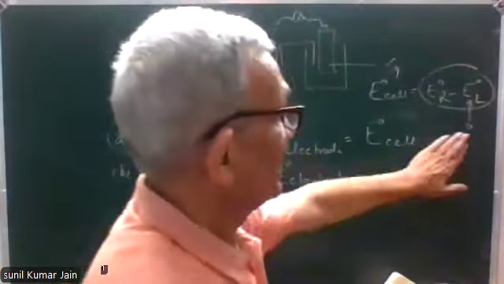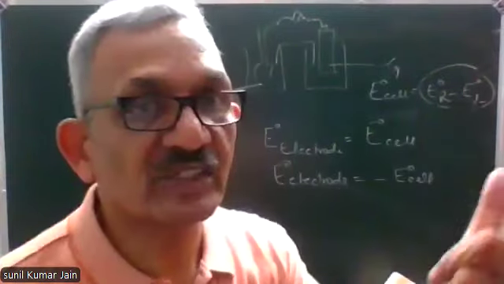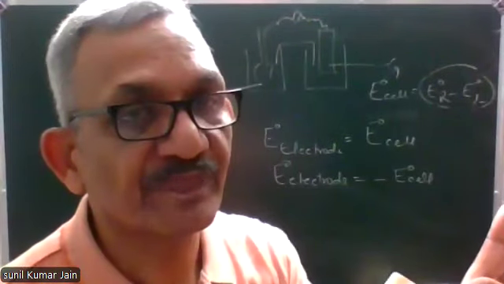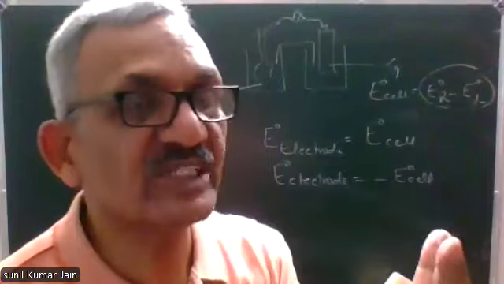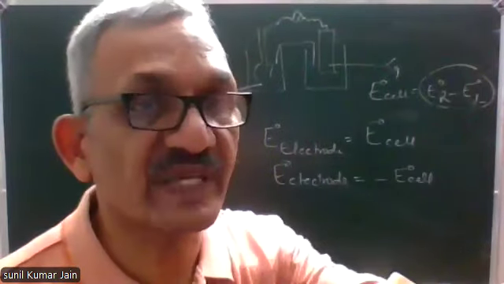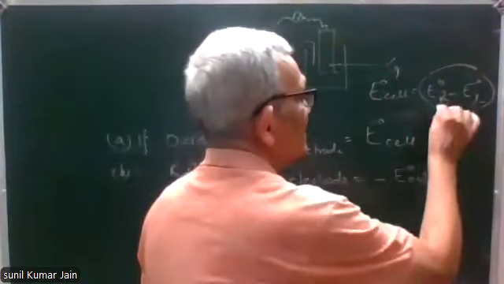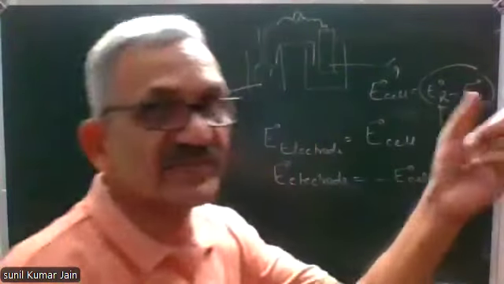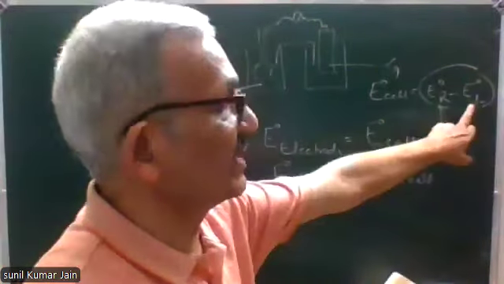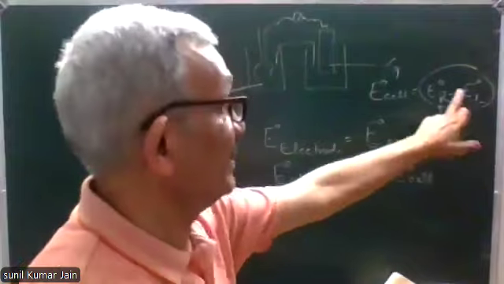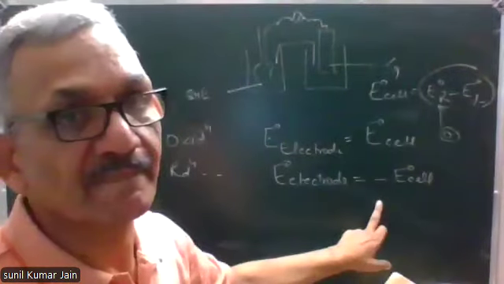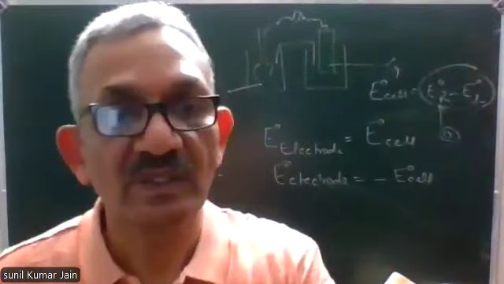Second possibility, if reduction takes place at SHE, it means SHE will be the right half cell, cathode. In that case, value for the right half cell will be 0. Then what is the value of given electrode? It will be minus E0 cell. So that's what was the meaning.